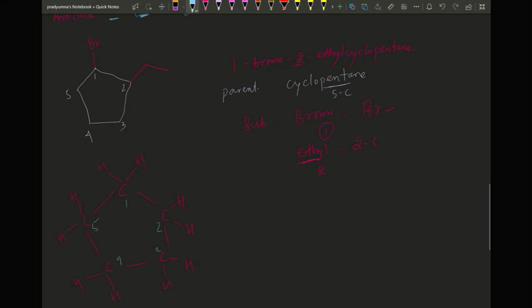Position 1 is bromo, so I'm gonna delete one of the hydrogens and put bromo. Remember, you cannot have 5 bonds around a carbon atom, so always have 4. So if you're adding something, you have to remove a hydrogen. And at position 2, you're gonna have a 2 carbon atom chain. So it's H, H, H, H, and H. Okay, that's how you build the structures from the name. All right, let's stop here.